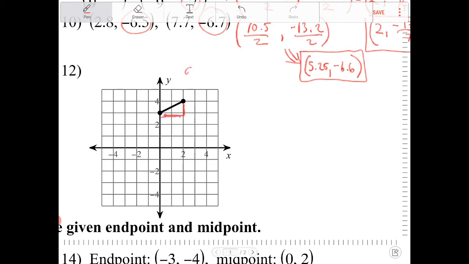And the Pythagorean theorem says a squared plus b squared is equal to c squared, where the components of the line segment are your legs of the right triangle. So 1 squared plus 2 squared will equal to the segment squared. This will be 1 plus 4 is equal to c squared, or c is equal to square root of 5.